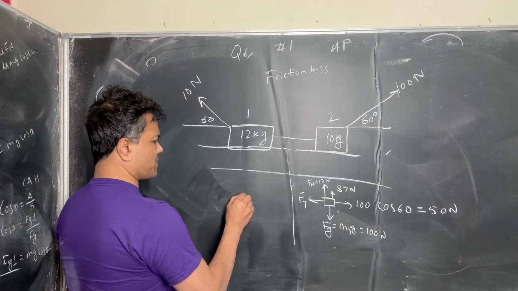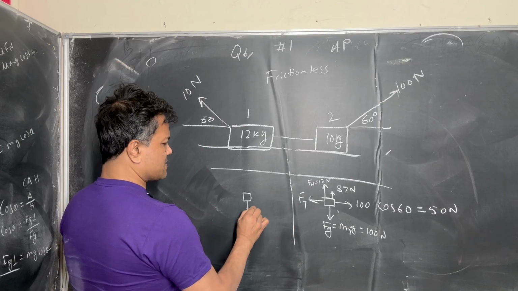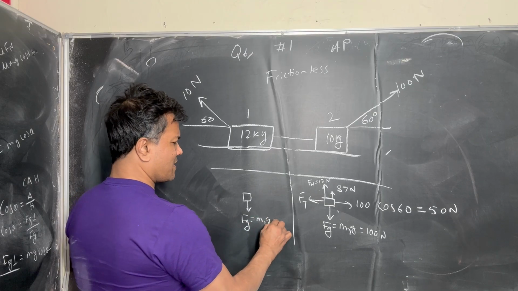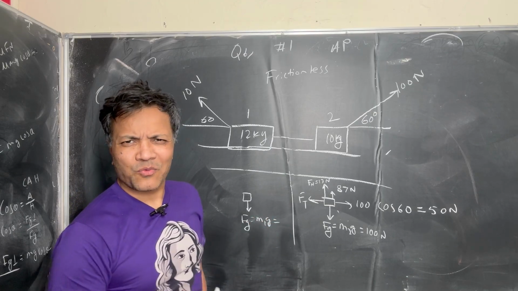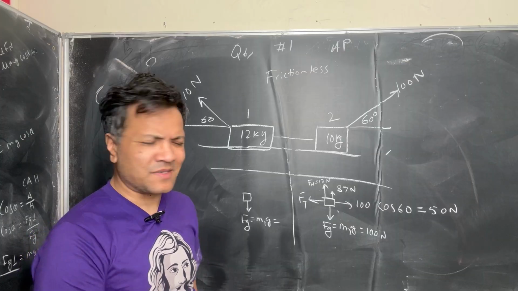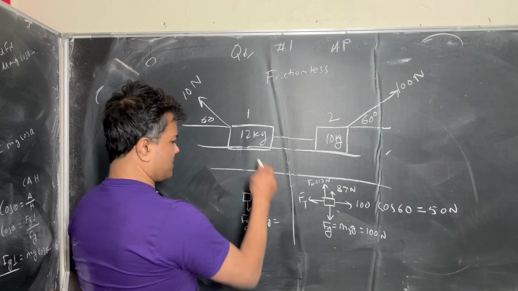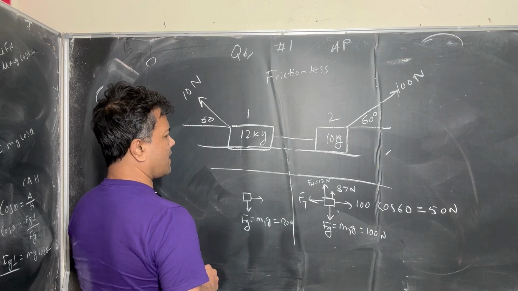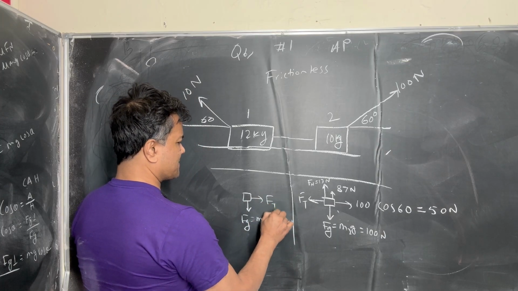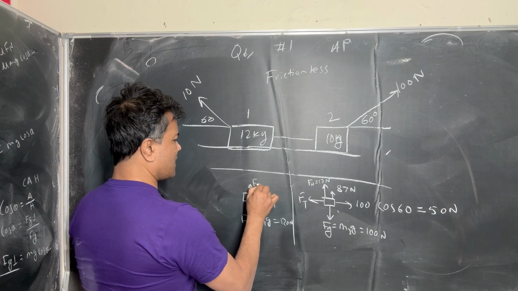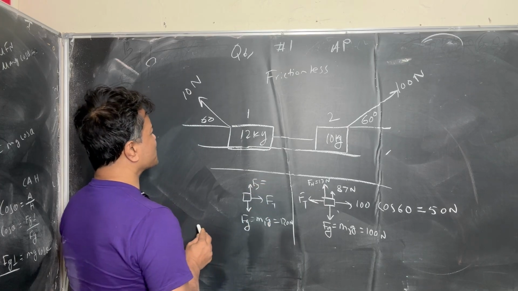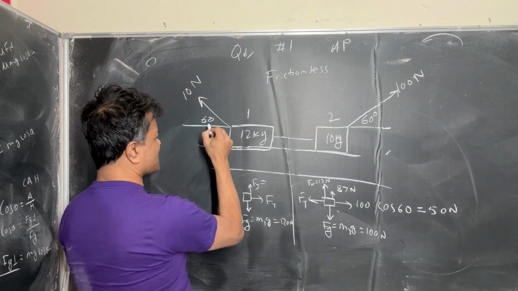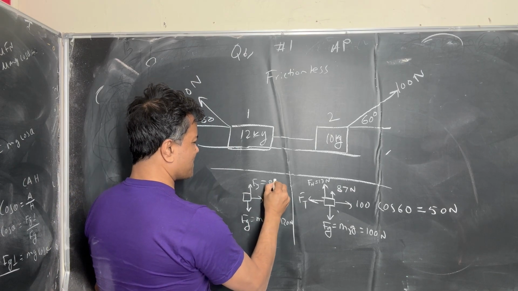Now we're going to do M1. This is Fg, which is M1g. The value in the y direction doesn't matter because there is no friction. So 120 Newton. This is Ft. This is Fy. How much? 10 cosine 60, 8.7.